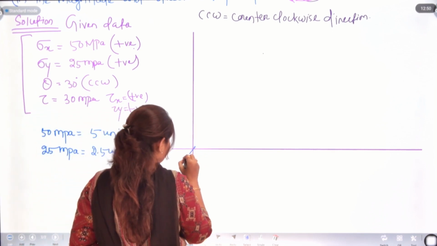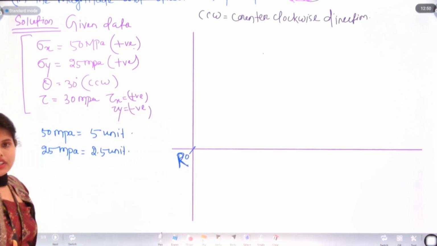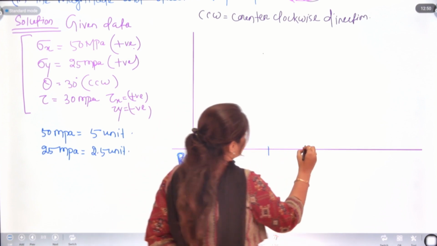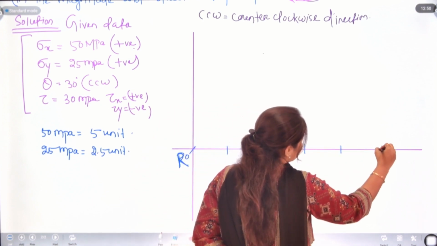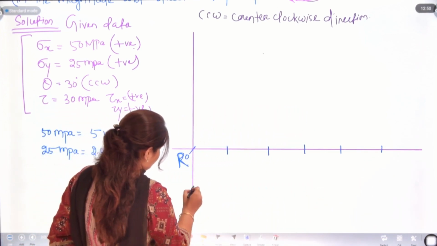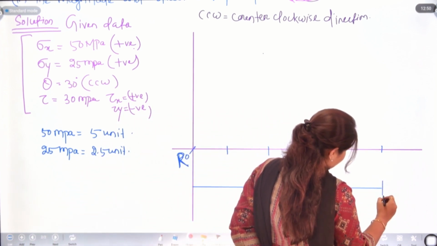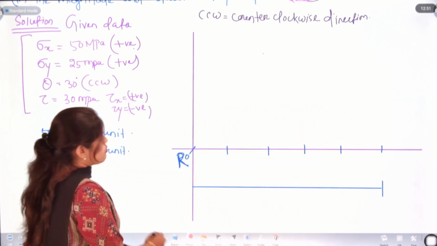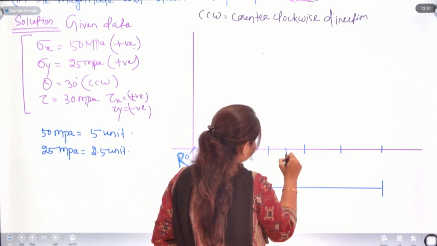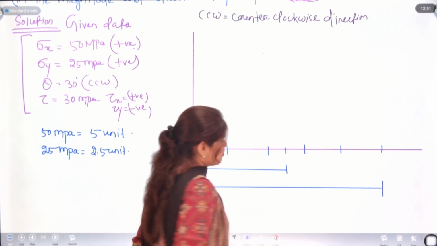If this is your 0, let's take it as R. Here 1, 2, 3, 4 and 5. So your sigma x will be up to this point and sigma y, that is 2.5, will be 1, 2 and from here.